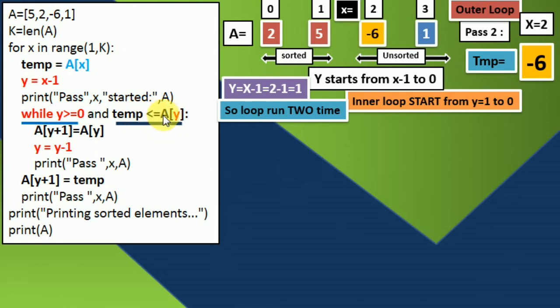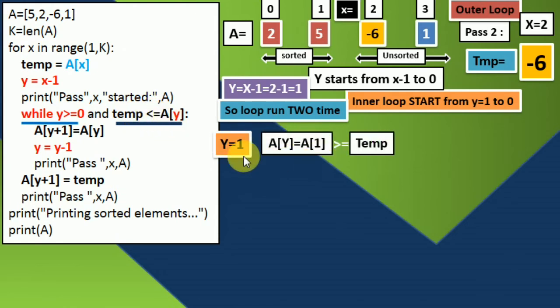Temp is less than or equal to a of y. First time when the value of y is 1, a of y, that means a of 1, is being compared to check whether it is greater than or equal to temp or not. We will check with the temp. Is the temp value smaller than a of y or not?